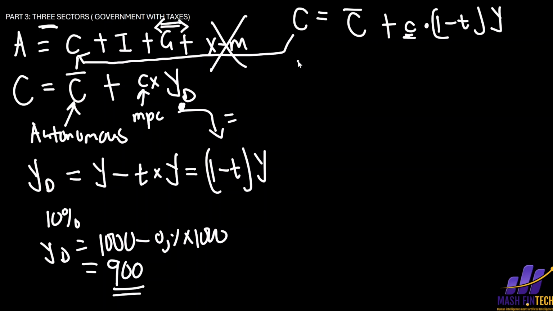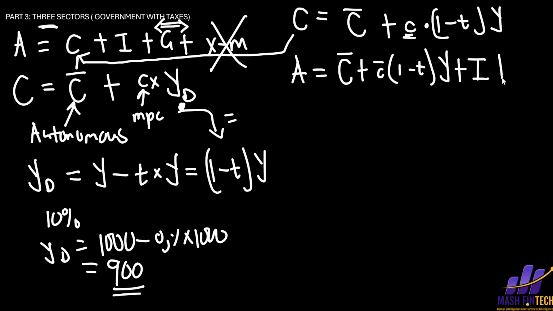So your total spending is this consumption, which is autonomous consumption, induced consumption, which now has this tax in it. Then we add the rest of the autonomous variables, which is autonomous investment and autonomous government expenditure. We put all the Y's together.